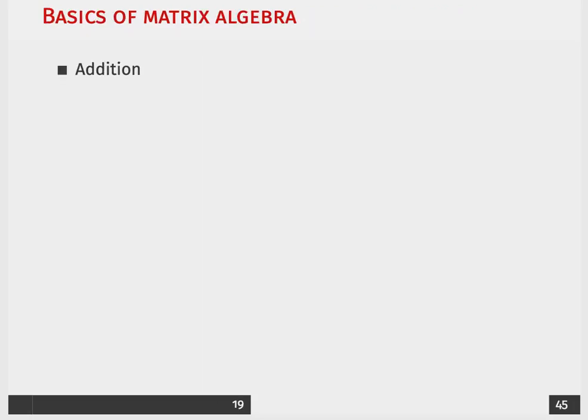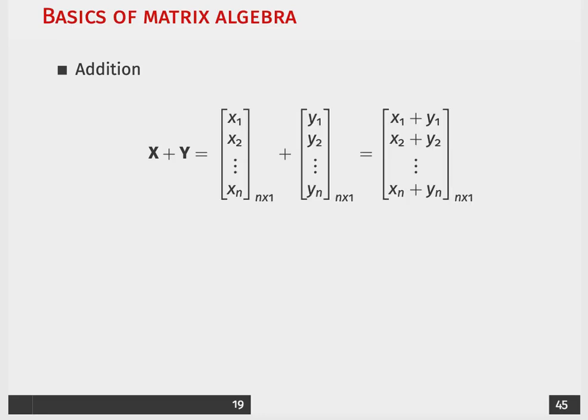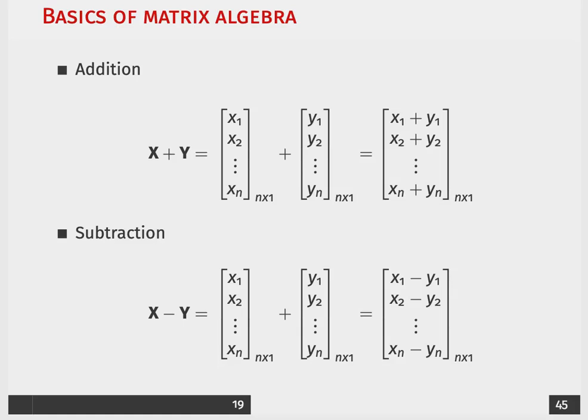So in that previous slide, when we're using addition, we can think about adding two vectors or matrices, x and y, and when we add them together, we're just going element by element. So for x1, we're adding y1, and the result is just x1 plus y1. That's pretty simple. The same will hold for subtraction. For each element x, we subtract each element y and have the resulting x1 minus y1.